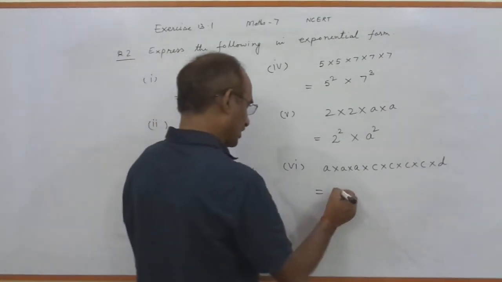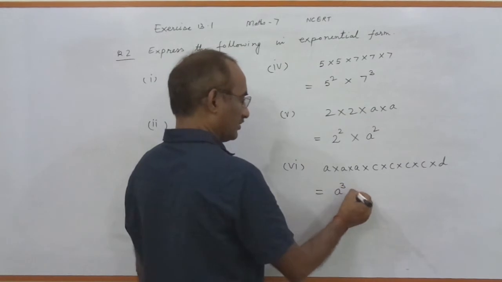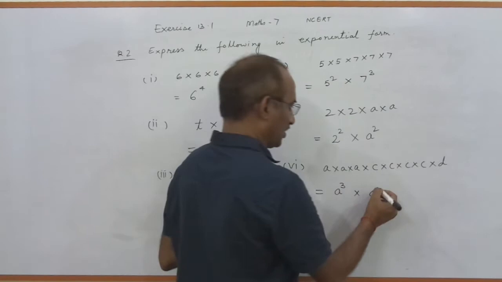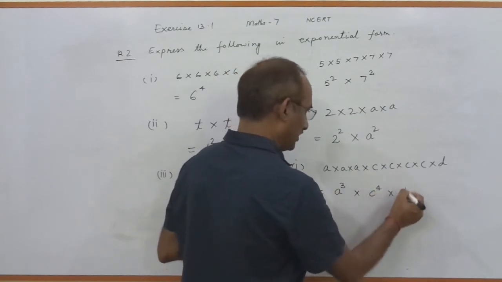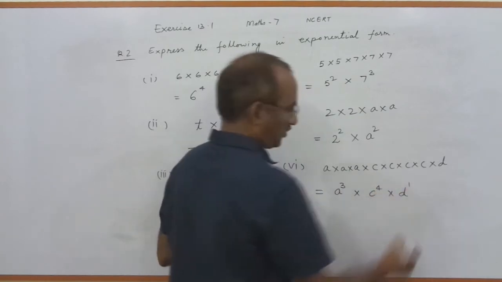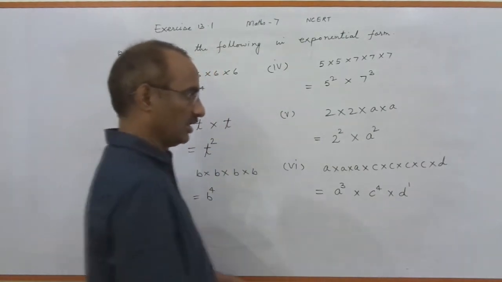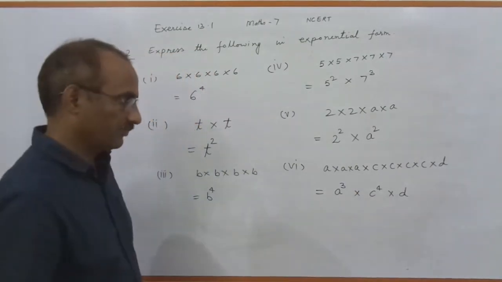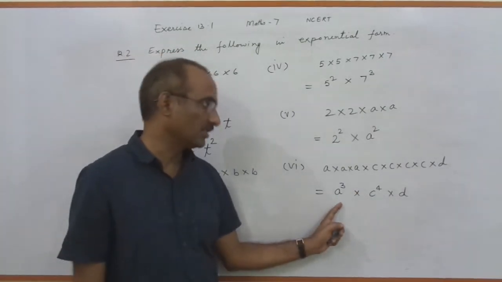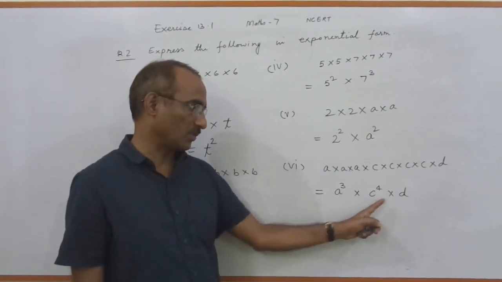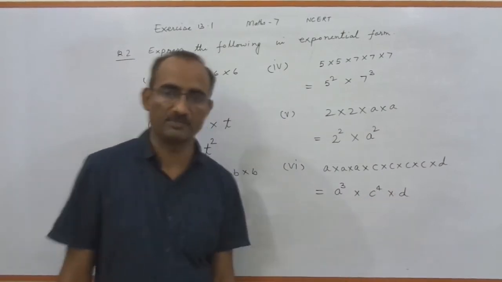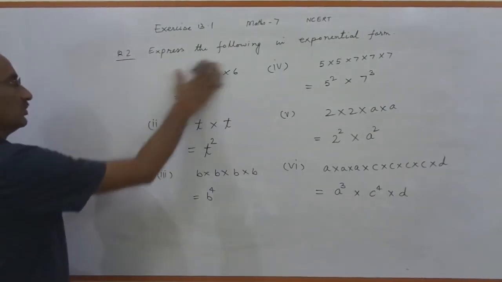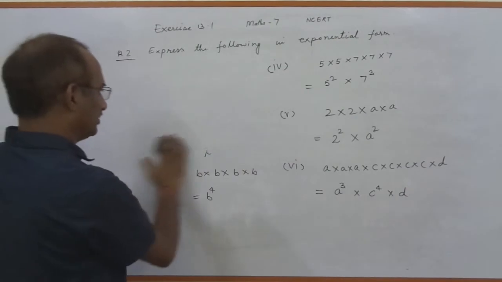Here a raised to the power of 3 multiplied with c raised to the power of 4 and d raised to the power of 1. But there is no need to write 1, so it is written as only d. a raised to the power of 3, c raised to the power of 4 multiplied with d. So this is our question number 2. Now come to question 3.